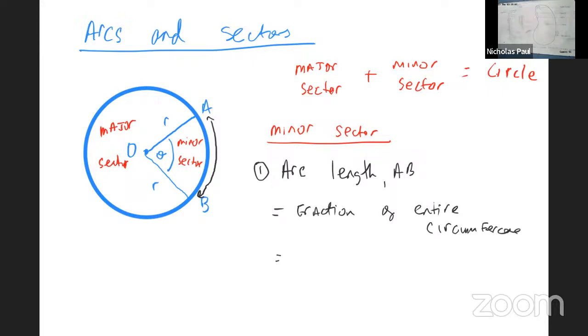Anybody can help me with how you find the circumference again? 2 pi r. Nice. Right. What's the fraction, Christopher? What's the fraction that the minor sector represents of the entire thing?